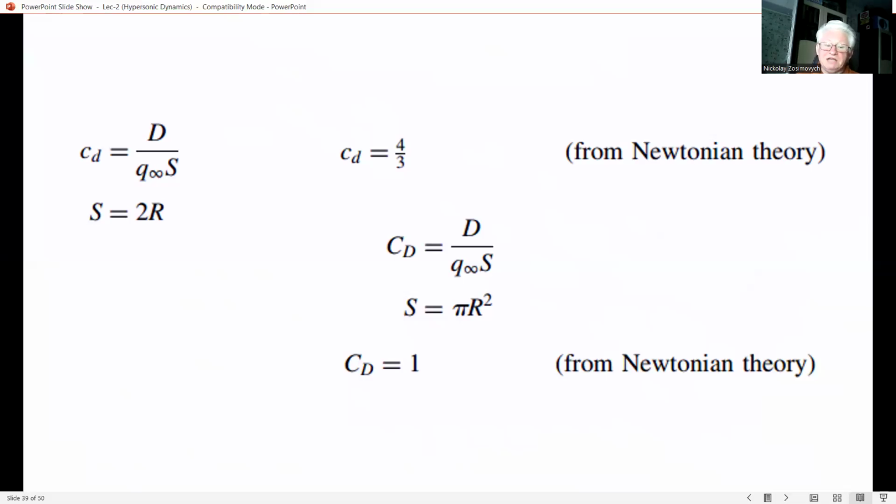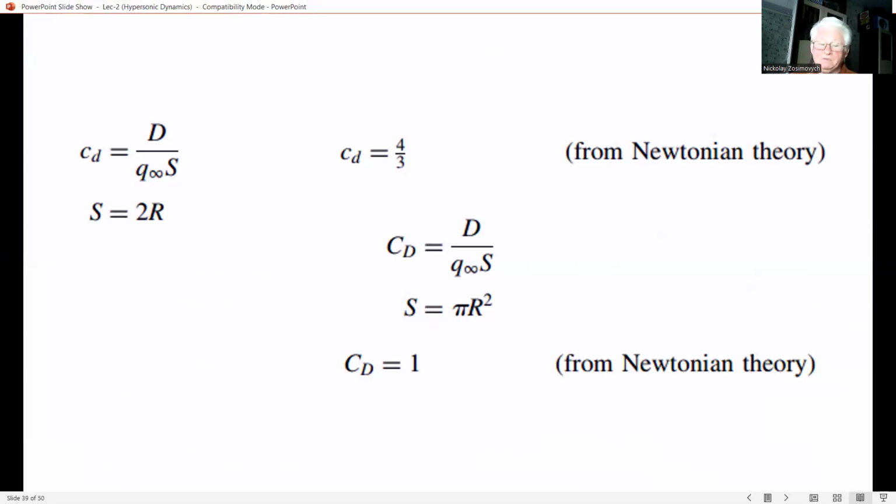The preceding results from Newtonian theory do not explicitly depend on Mach number. Of course, they implicitly assume that the Mach number is high enough for hypersonic flow to prevail. Outside of that, the precise value of the Mach number does not enter the calculation.